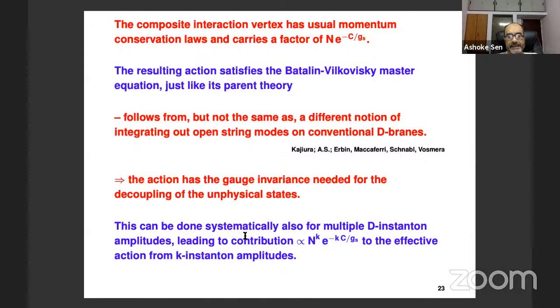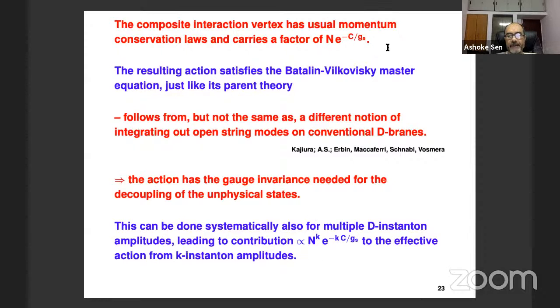So this can be done systematically also for multiple D-instanton amplitudes. And this gives a systematic procedure for constructing composite vertices coming from multiple D-instanton amplitudes. And they give interaction terms of this order, n to the k, e to the minus kc over g_s. And of course, you can use the standard Feynman rules.